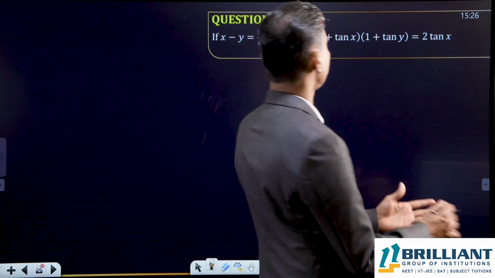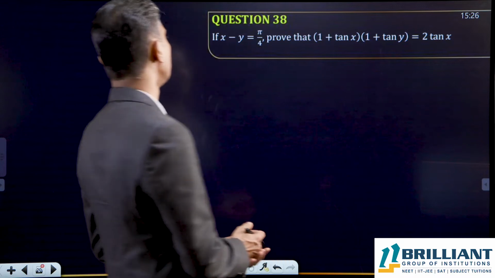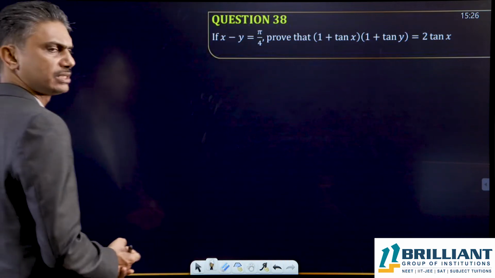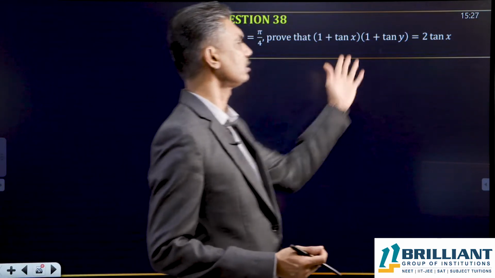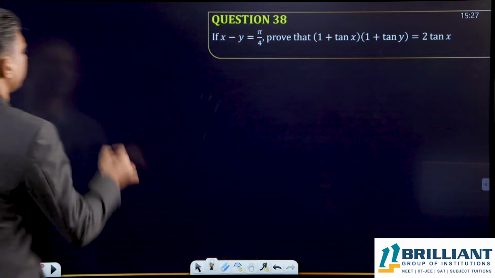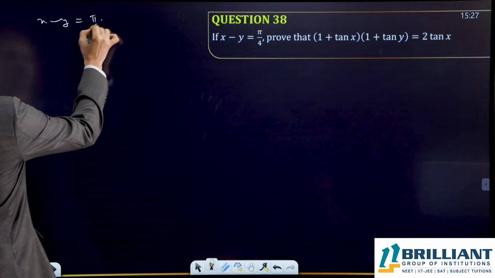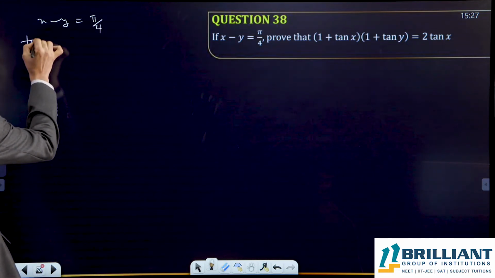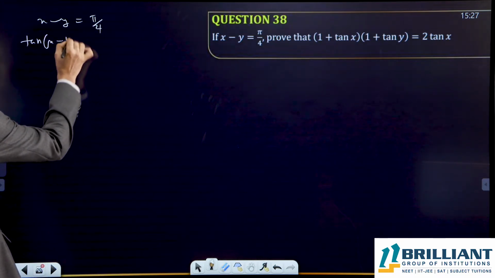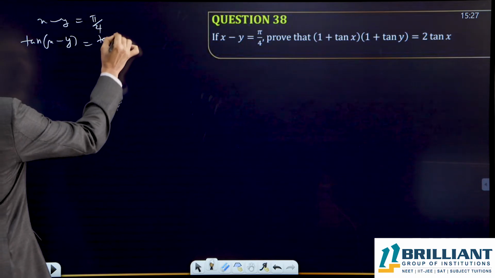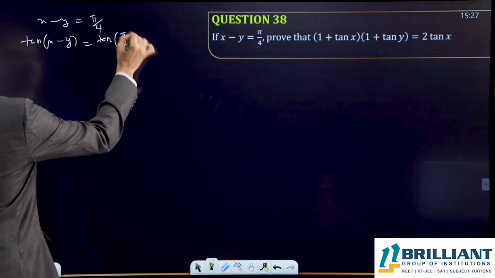Here x minus y is equal to pi by 4, and we need to show that 1 plus tan x into 1 plus tan y is equal to 2 tan x. So x minus y is equal to pi by 4. Tan of x minus y is equal to tan of pi by 4.